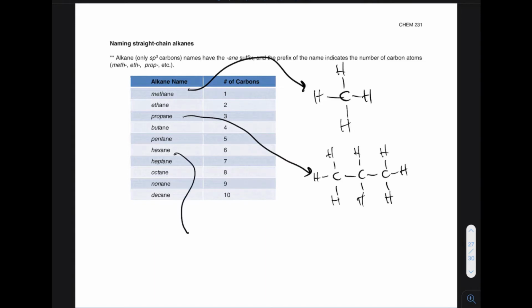Hexane, I'll do line angle because I'm lazy to draw everything out. There are 6 carbons there. It's important to know that these are all alkanes. We can just define them further by naming them. So this is methane, this is propane, this is hexane.